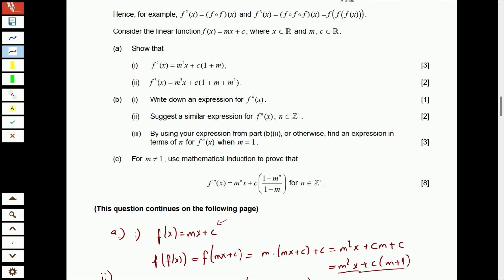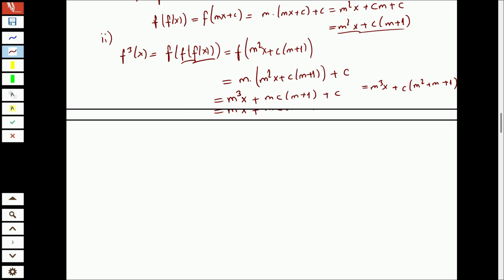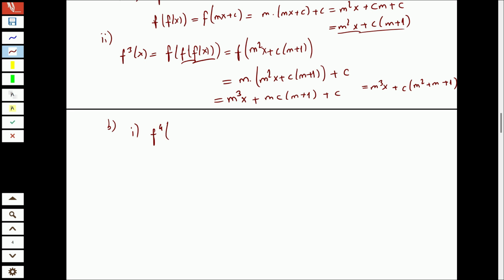The next question is to write down an expression for the fourth composition of f. We found the third composition in the previous question, so I will write the function itself directly inside the third composition. This will give us the fourth composition. I replace x with the function itself again, mx + c.